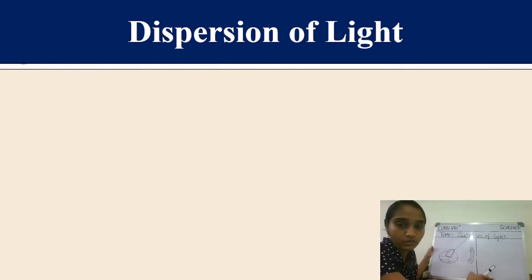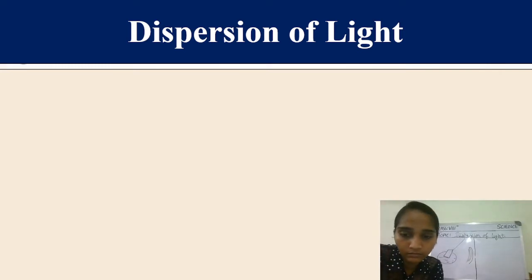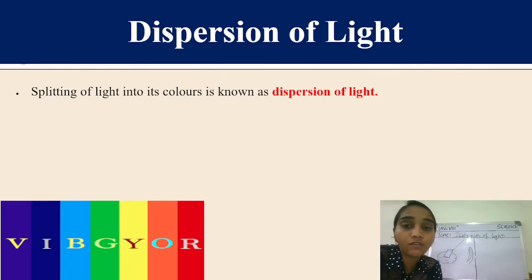Let me fix the board a bit, so you can see more clearly. Yes, so basically the dispersion of light is what? The splitting of light into its colors is known as the dispersion of light. And students, the colors which you have seen, though you cannot distinguish them there, there are 7 colors present into which that sunlight was splitting.